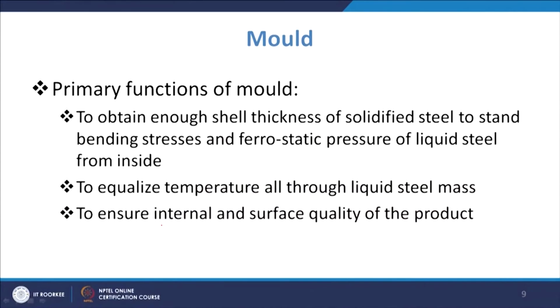Also, in the mold we are giving lubrication. So, the function of the mold is to obtain enough shell thickness of solidified shell to stand bending stresses and ferrostatic pressure of liquid steel from inside.